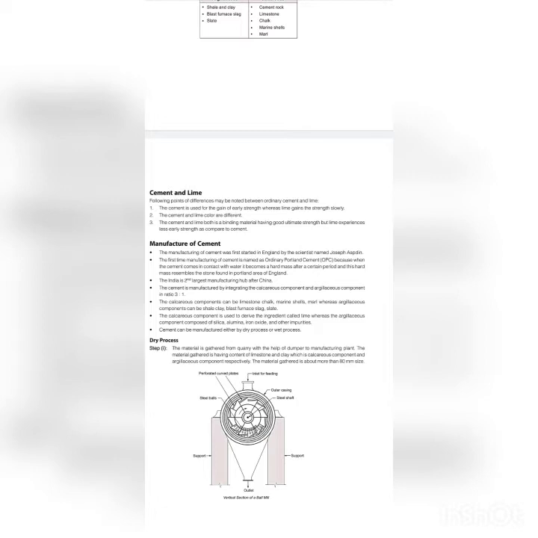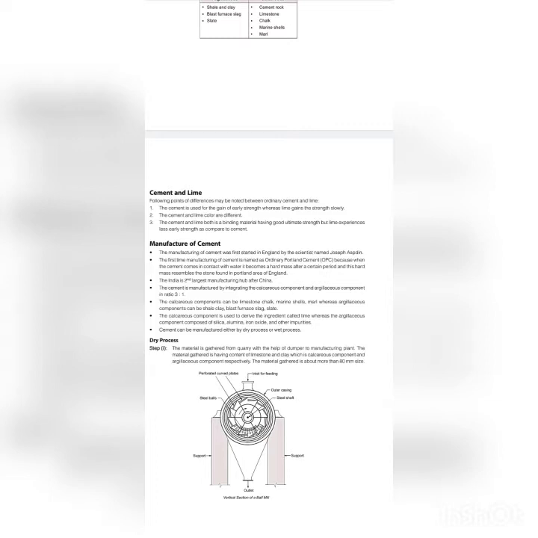The manufacturing process of cement has two types: dry process and wet process. In the dry process, we can see step 1. The materials are gathered from the quarry with the help of a dumper of the manufacturing plant. The materials gathered contain limestone and clay, which are the calcareous component and argillaceous component respectively.